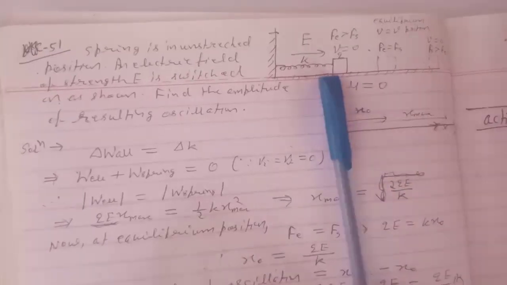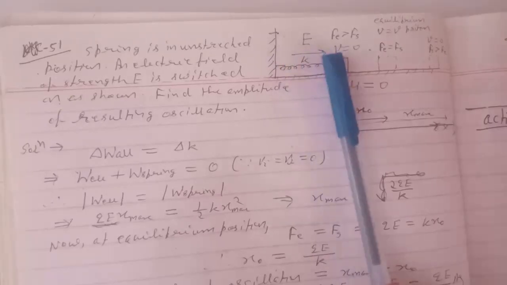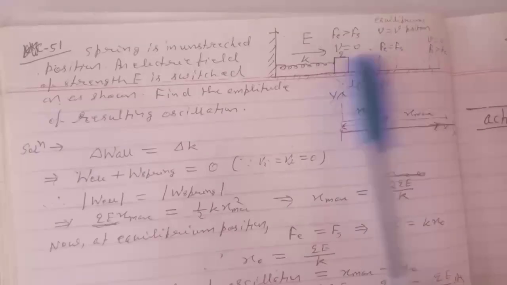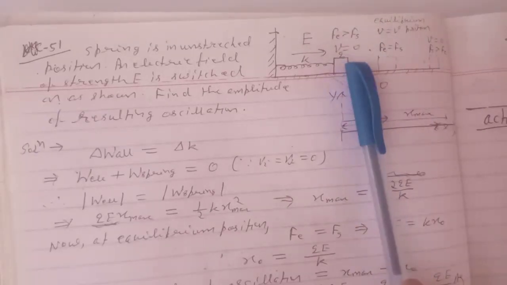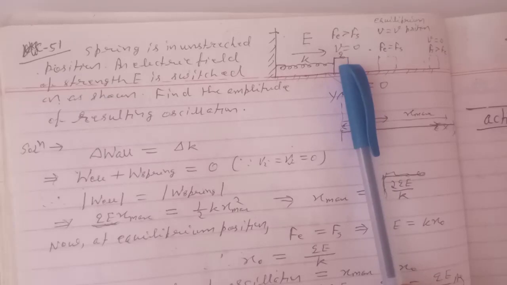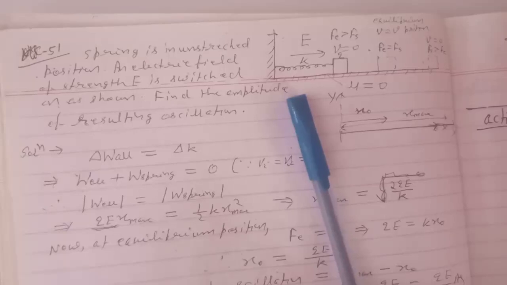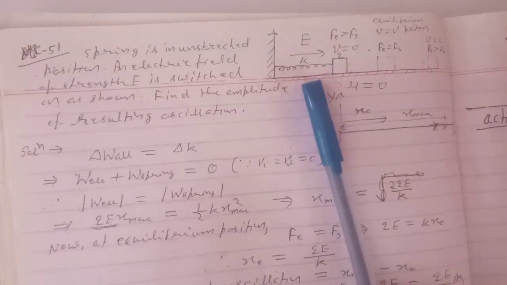Now when the electric field is switched on, the electric force acts in this direction. So the spring is stretched, and due to this the restoring force of the spring will start to act in this direction.